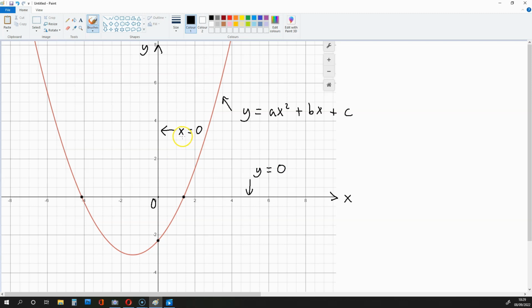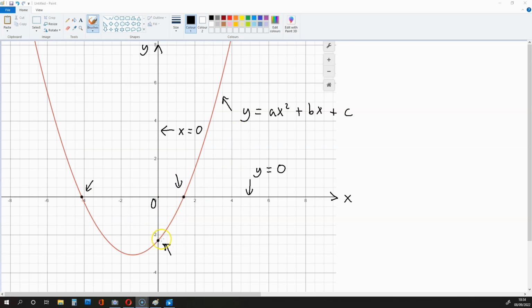Now when we plug x equal to 0 or y equal to 0 into this equation, what we're going to end up with is the x and y intercepts for this graph. So we've got 3 over here for this particular graph.